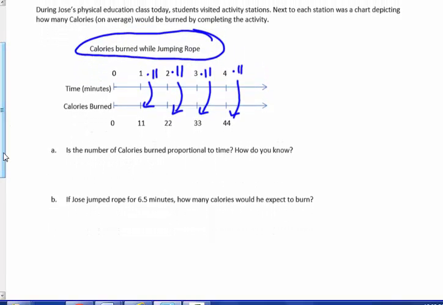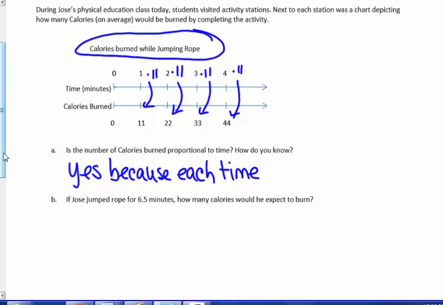Is the number of calories burned proportional to the time? Yes. How do I know? Each time you multiply by 11.